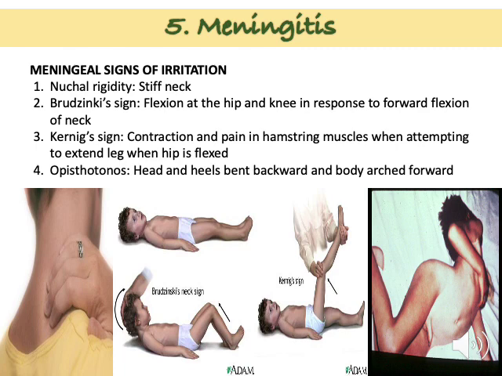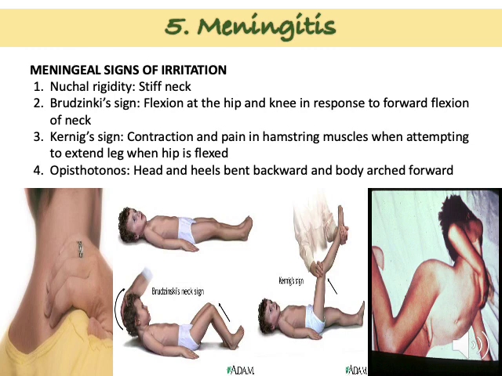Koenig's sign is the contraction and pain in hamstring muscles when attempting to extend the leg when the hip is flexed, and the opisthotonos position is when head and heels are bent backward and the body is arched forward.